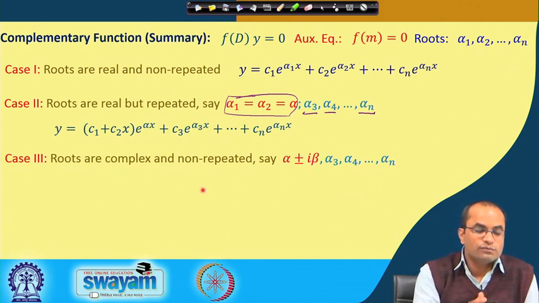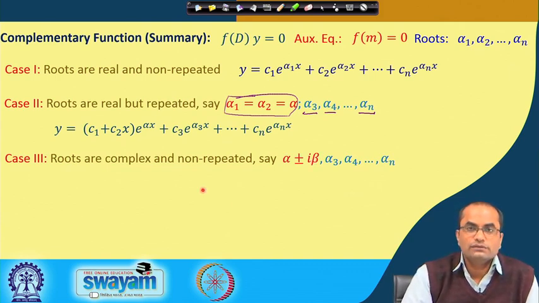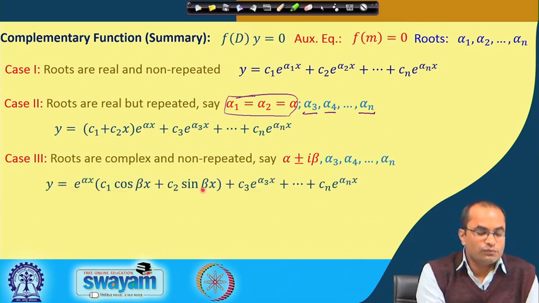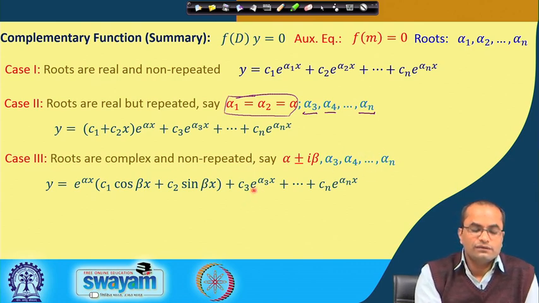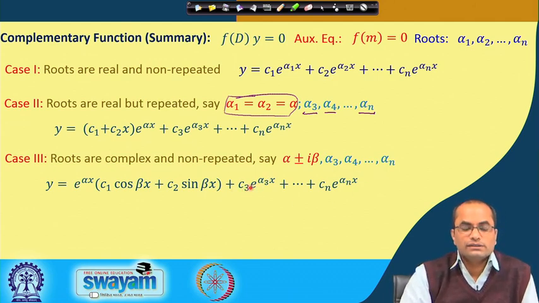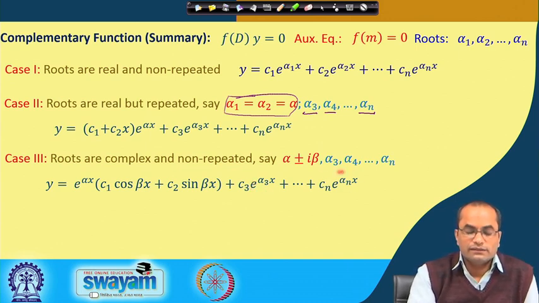In this case, the complementary function will be y equal to e^(alpha x)(c1 cos beta x plus c2 sin beta x), and then for the real non repeated roots we get c3 e^(alpha3 x) plus c4 e^(alpha4 x), up to cn e^(alpha n x).